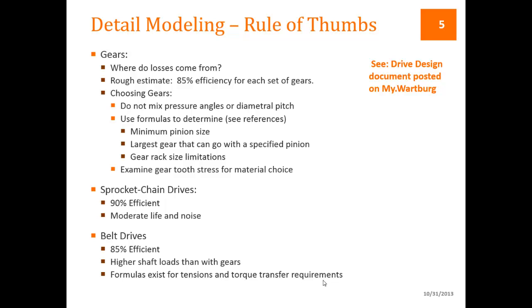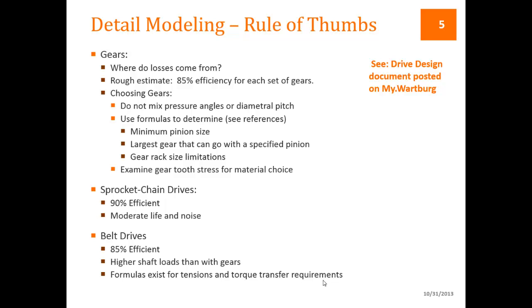So some rules of thumb when we're dealing with gears, which many of you will be doing, is that when we're looking at losses, the rough estimate is that each pair of gears will have 85% efficiency. So if you have two pairs of gears, you're going to have 85 times 85 as its efficiency, and so your efficiency is going to drop with each set of gears that you add to your design.